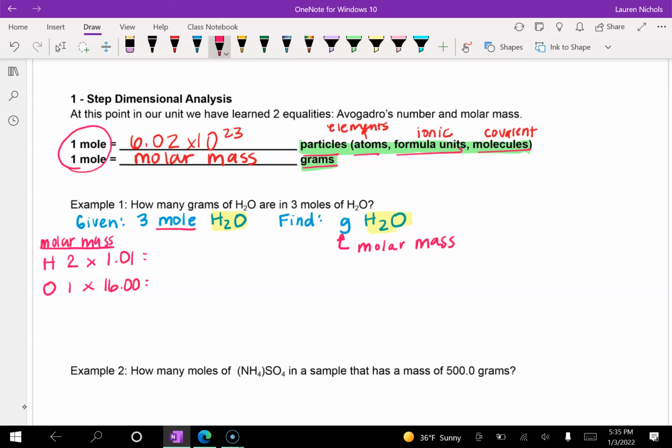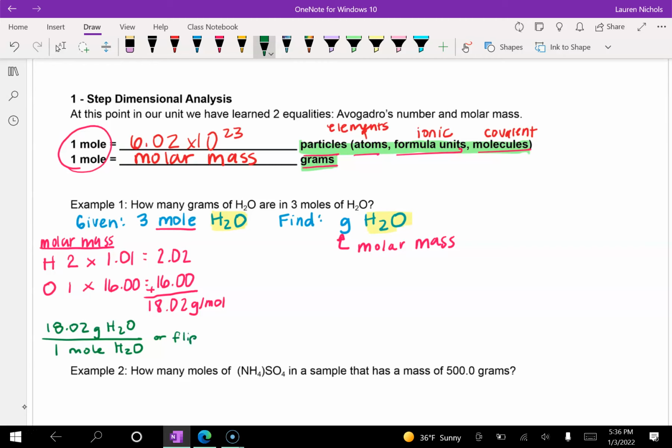So when we multiply that out, 2 times 1.01 is 2.02 and oxygen is 16, but because they're combined in water, we combine their masses here and we get 18.02 grams per mole. So that means as a conversion factor, it can be written as 18.02 grams of water over 1 mole of water, or it could be flipped, right? It just kind of depends on how our problem is set up and what we need.